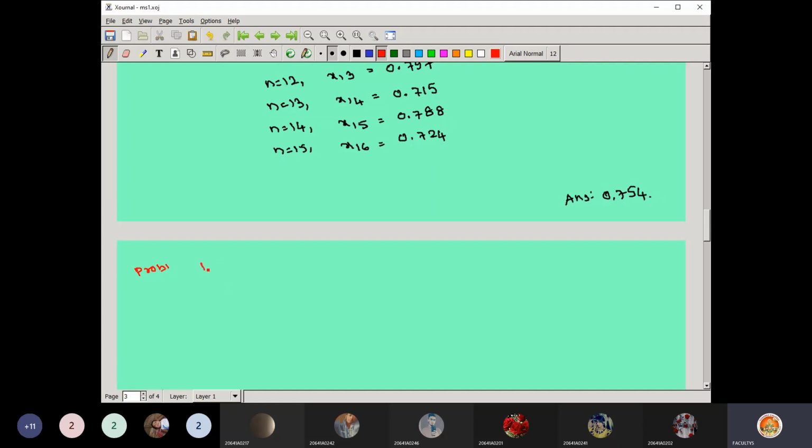So find the root of a specific equation I am giving: cos x is equal to 3x minus 1. It is nothing but a transcendental equation.